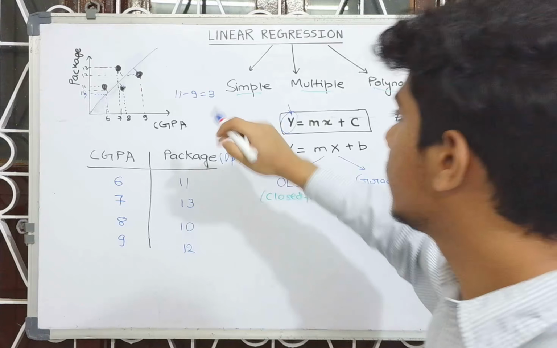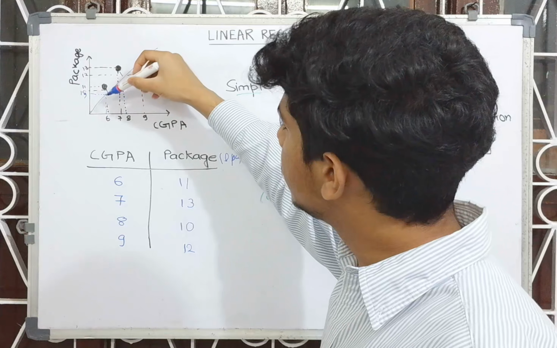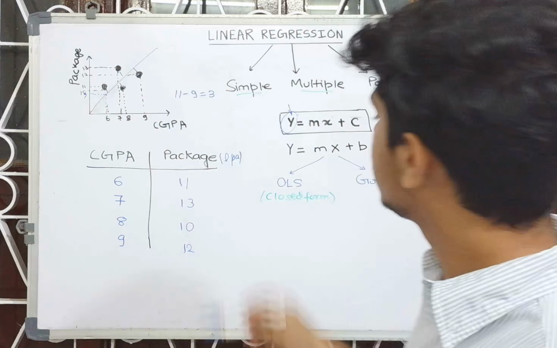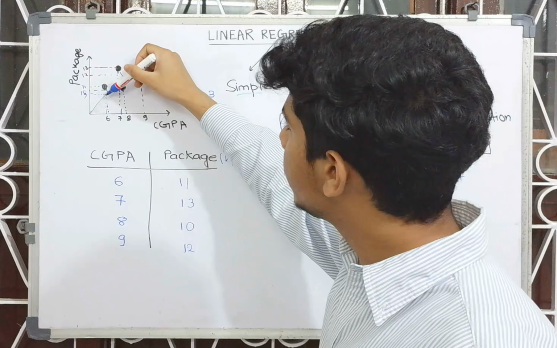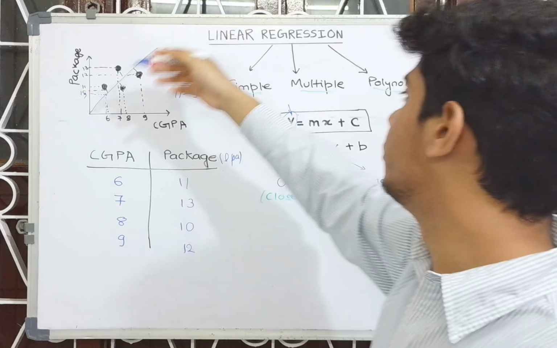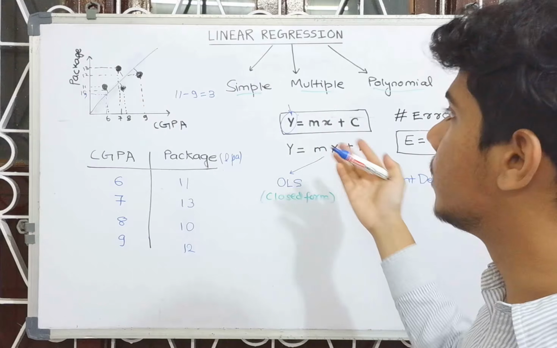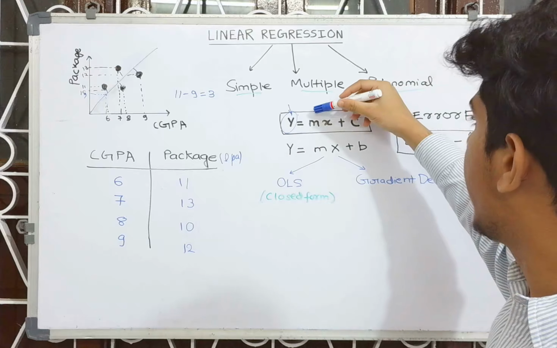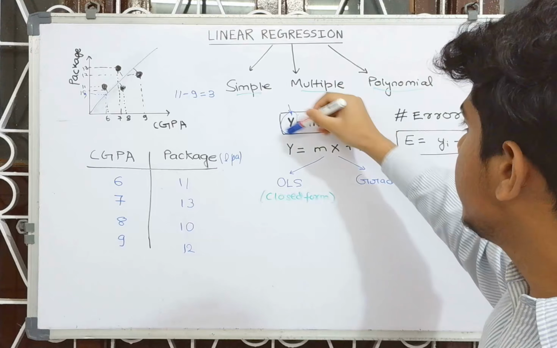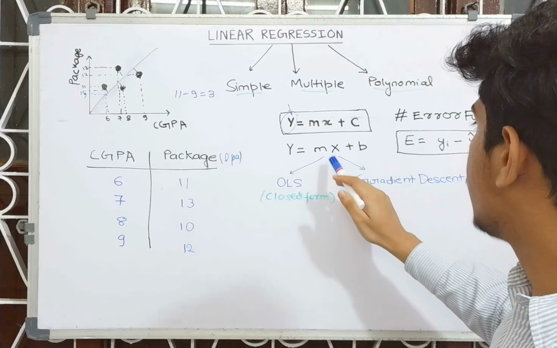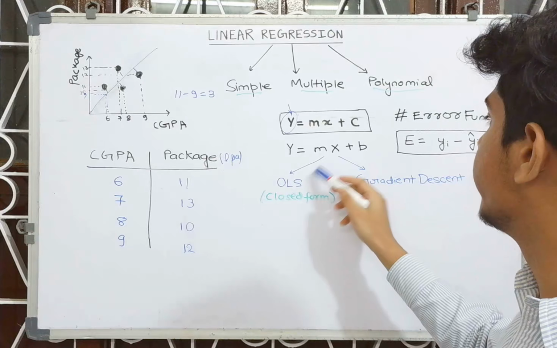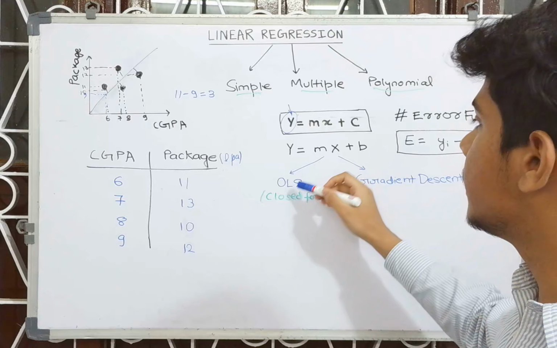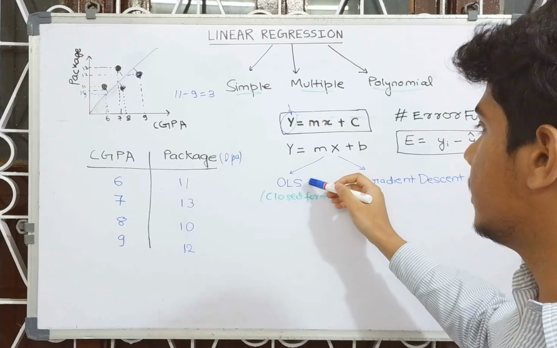For this y, we drew these dotted lines, and we predicted 9 but we did it using a marker. What if we have to do it with maths? So we will use this equation, and to find out y, we can solve it using different methods. First is OLS and the other is called gradient descent. OLS is the ordinary least squares method.